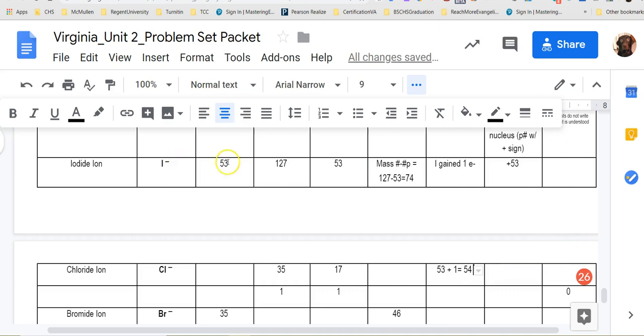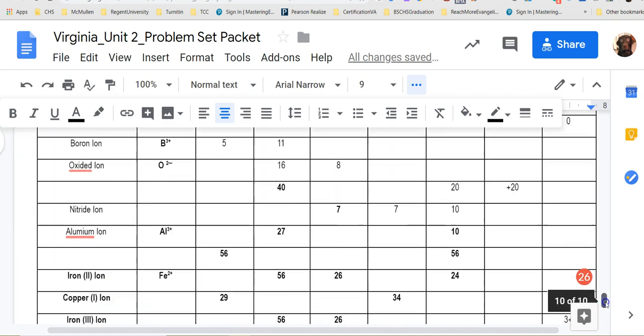But the charge for iodine is just a -1. We don't write the -1. The 1 is understood, but we write the negative charge here, and that's going to be indicated right beside, to the upper right of the ion.